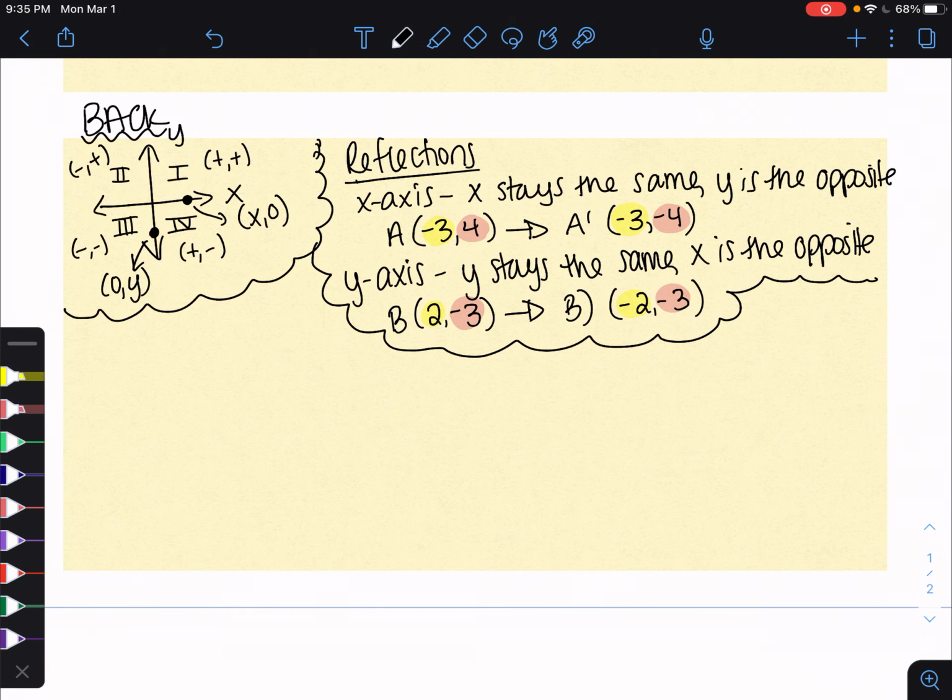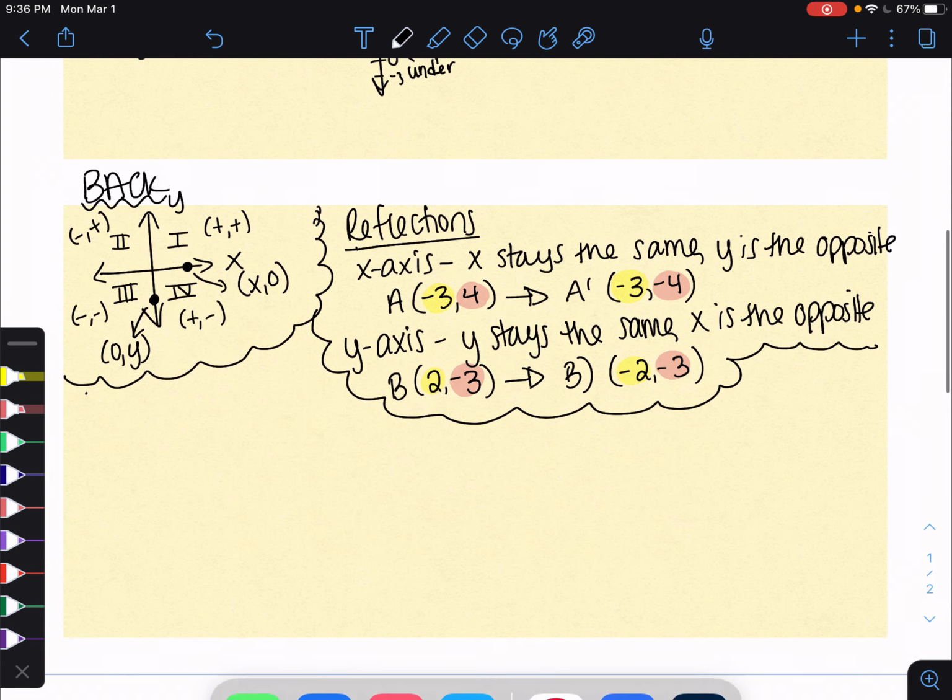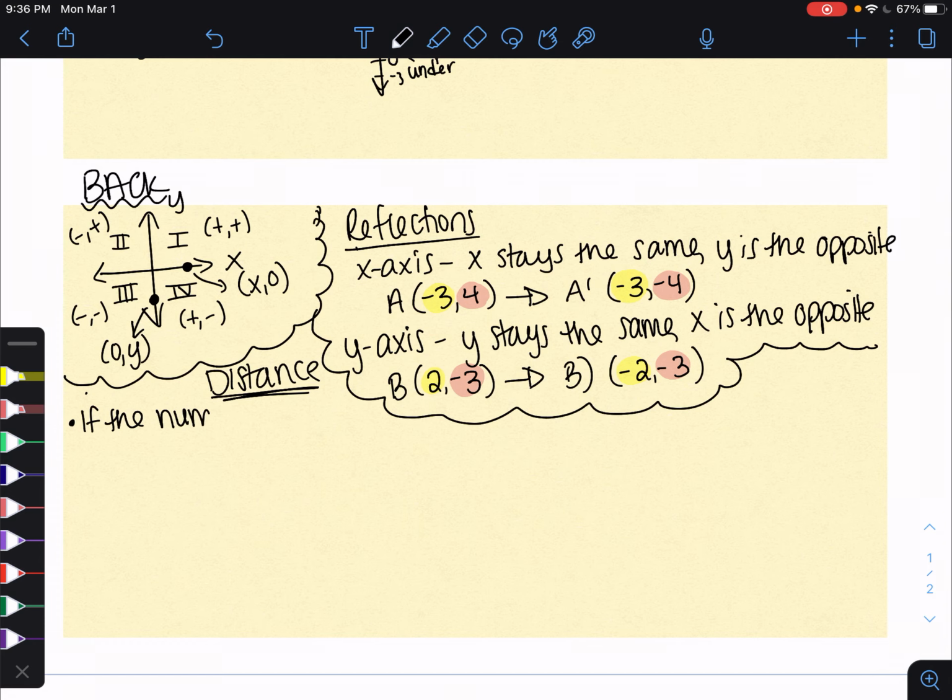For distance, remember if the numbers have the same sign, you're going to subtract. So same sign is subtract.